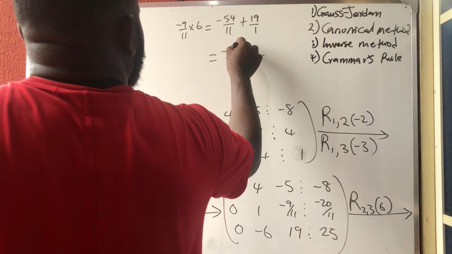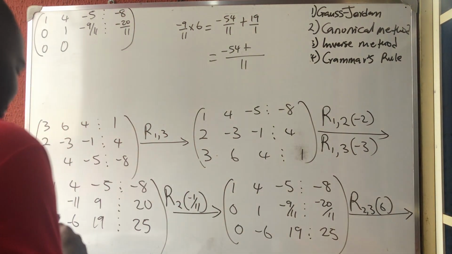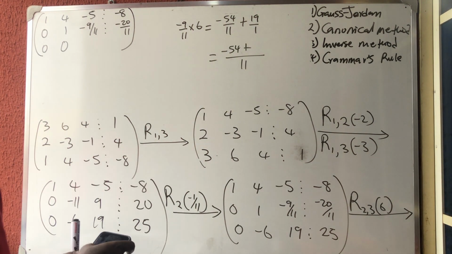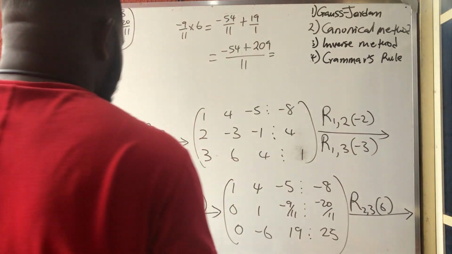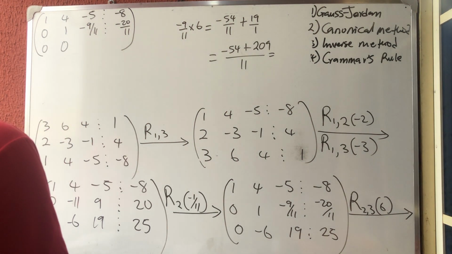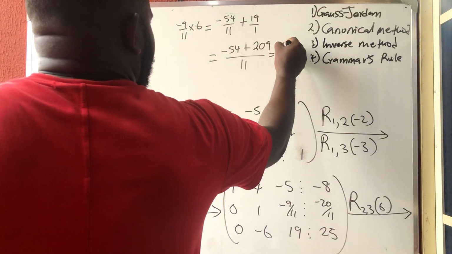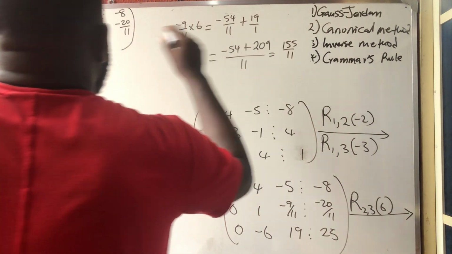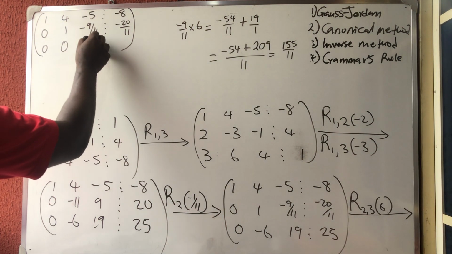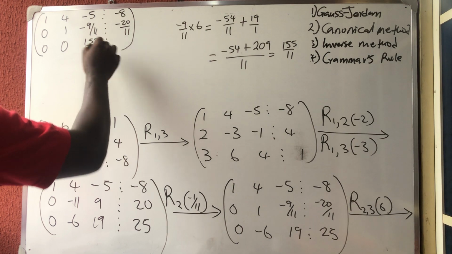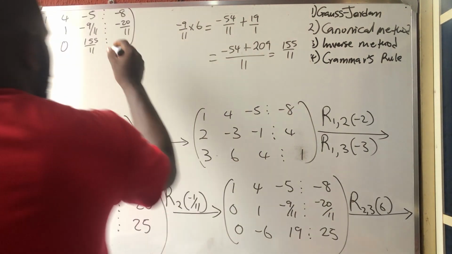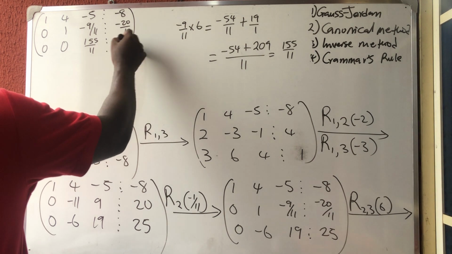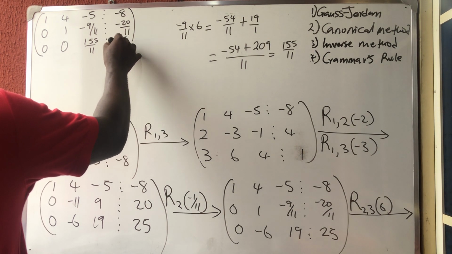I have minus 54 plus 11 times 19. 11 times 19 is 209. So if you do the math, minus 54 gives me 155 over 11. So here I'm having 155 over 11, dot, dot, dot. Do the other one: minus 6. 6 times this plus this is giving me the same. We did it before, so it's giving me the same 155 over 11.